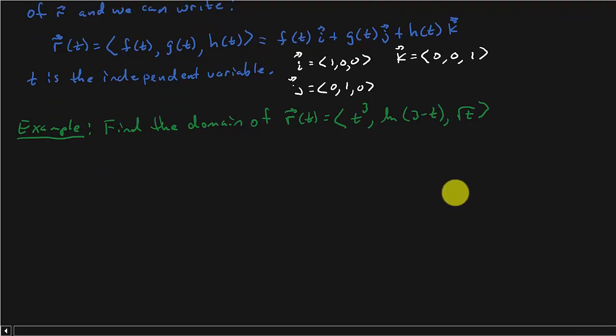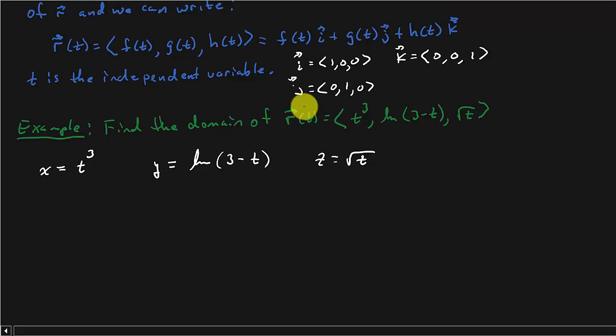So when we work this, we can write x equals this first function, t cubed, y equals natural log of 3 minus t, and z equals square root of t. If you wanted to, you could write f of t, g of t, h of t. Same thing.